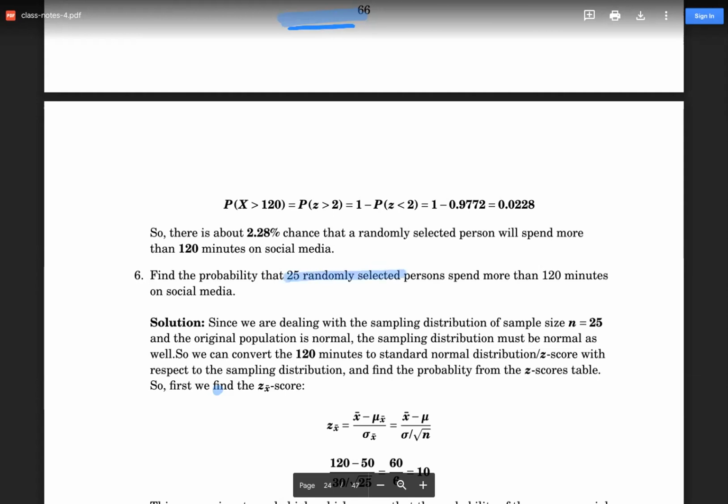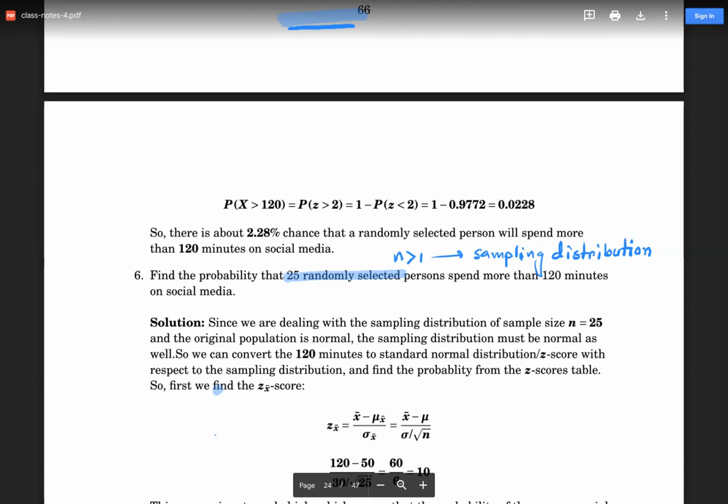It's not one person anymore. The last one, we talked about the population distribution. Here we are talking about sampling distribution. When your sample size is greater than 1, you're dealing with sampling distribution.